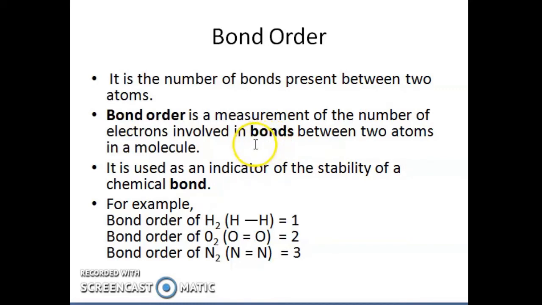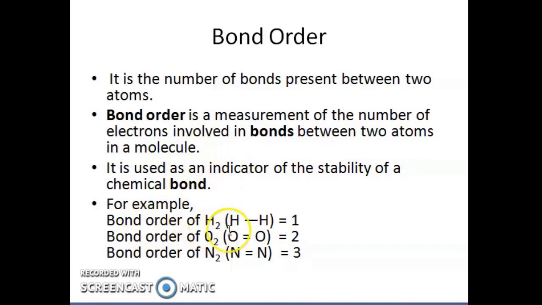Whichever two atoms we consider, the total number of electrons involved in the formation of the bond, we say it as bond order. And bond order also helps us to find out the stability of a chemical bond, or we could say that it acts as an indicator for the stability of a chemical bond.